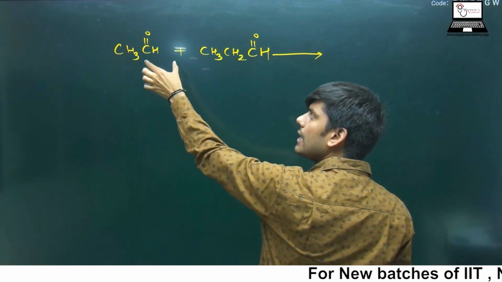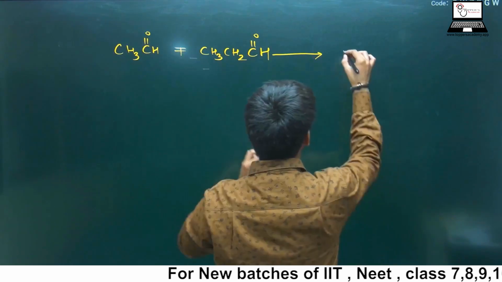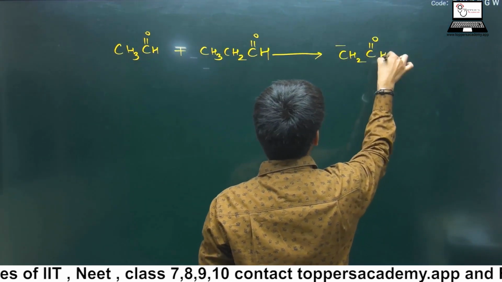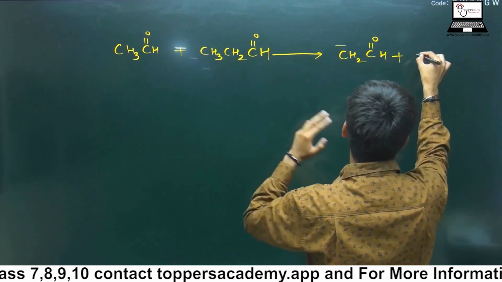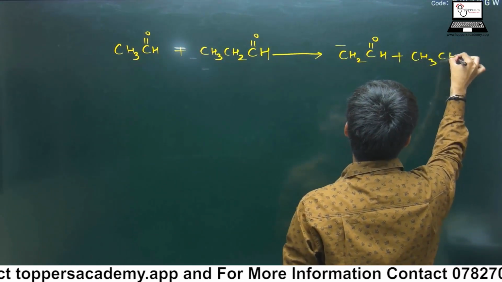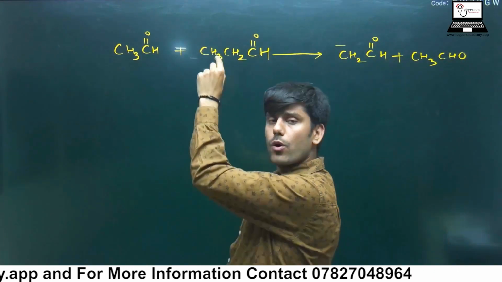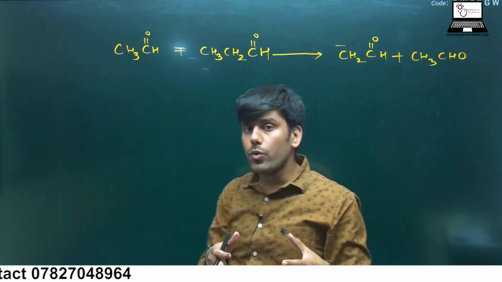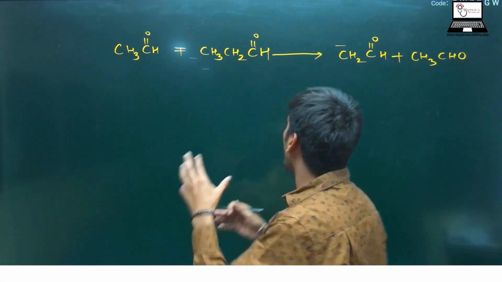If I take the carbonyl of ethanal, and the other molecule is ethanal itself, that means the carbonyl is also of ethanal, and the other molecule I am also taking ethanal.